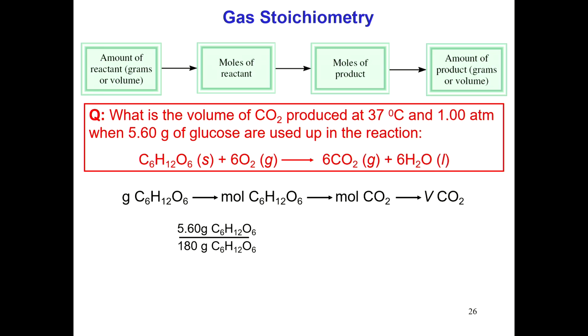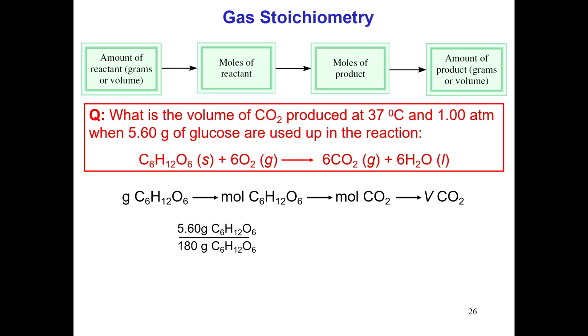In this equation, we know the pressure, the temperature, and R. So we just need to figure out n, the amount of the gas. We know the mass of the reactant, so from the mass of reactant we can get the mole of reactant. And from the reaction, we know 1 mole will produce 6 mole.